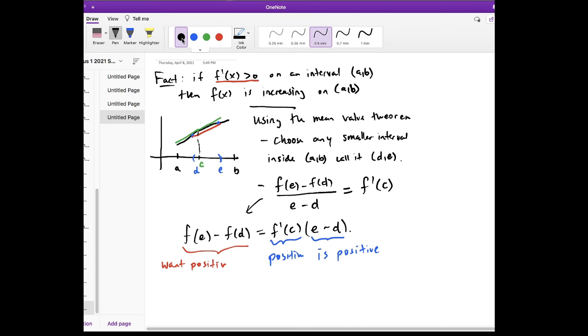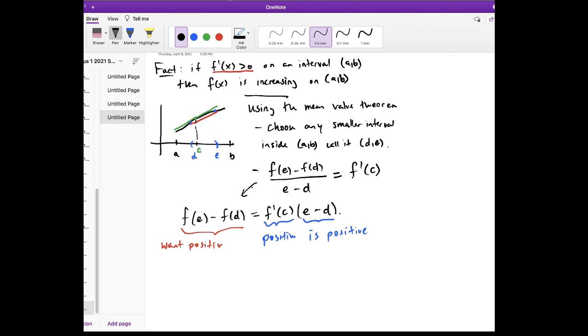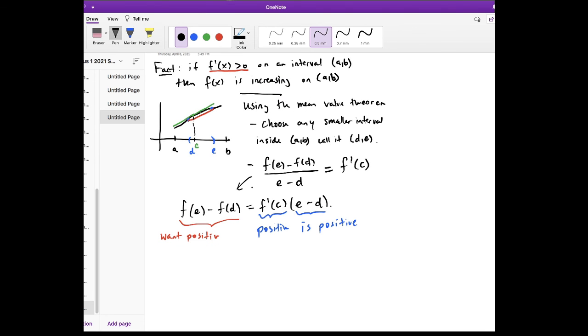All right, so is f of E minus f of D positive? It is, right? Yeah. Any two positive numbers, when you multiply them, always give you a positive number. So f is increasing on DE.